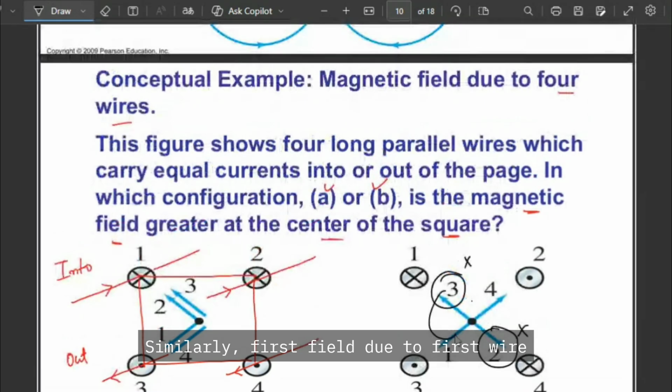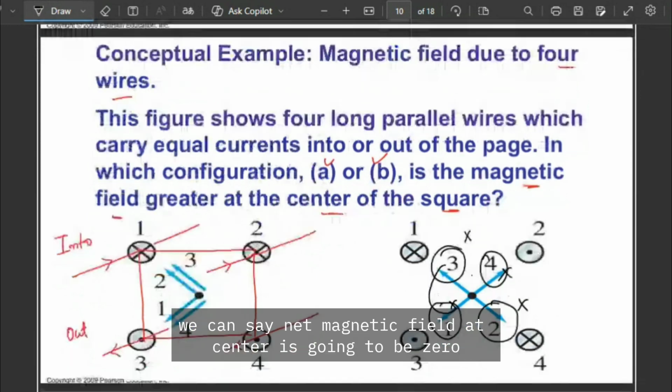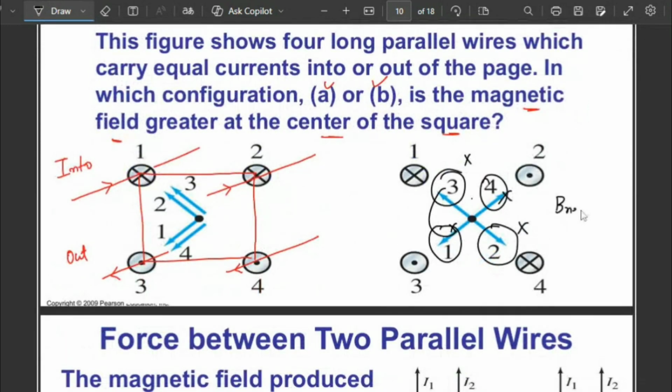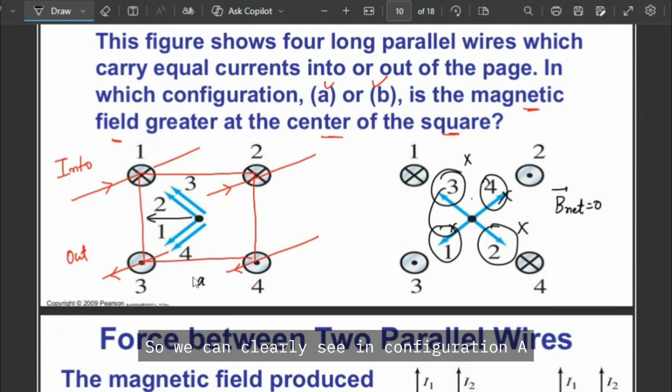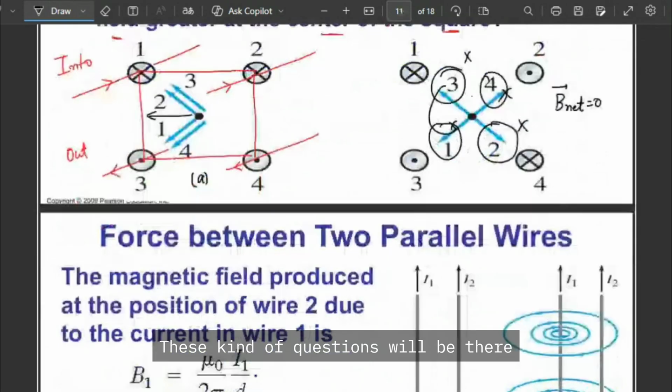Similarly, the field due to the first wire will cancel out the field due to the fourth wire. This will also cancel out. So in the second case, the net magnetic field at the center is going to be 0, whereas in the first case, the net magnetic field will be towards left. So we can clearly see in configuration A, the field is more at the center in comparison to configuration B. These kinds of questions will be there.